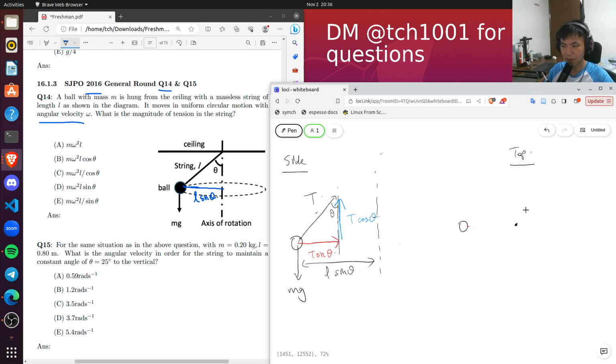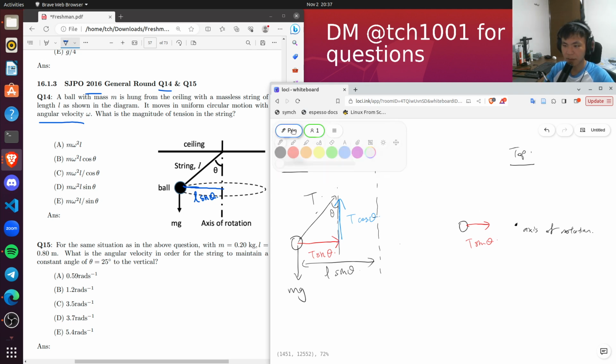I can't really draw a line for it, but it's this axis of rotation. And in this case, if I look from above, then you can see the horizontal component of tension, T sine theta, acting towards the axis of rotation.